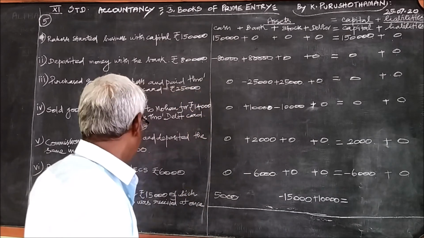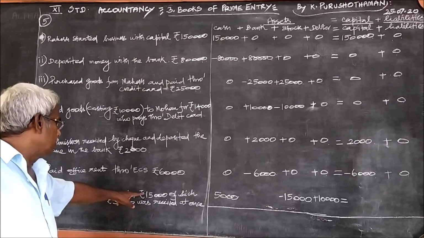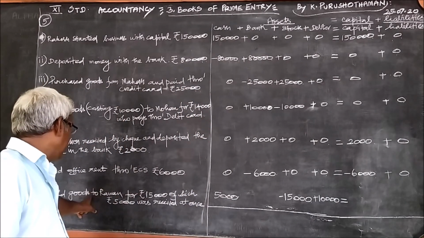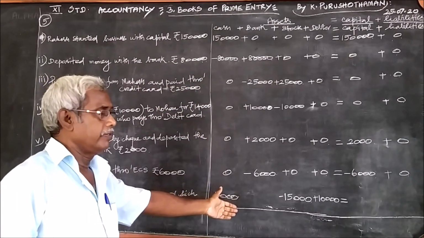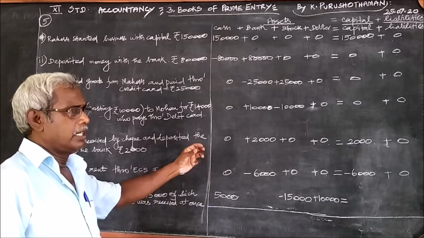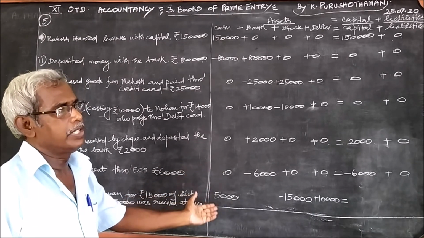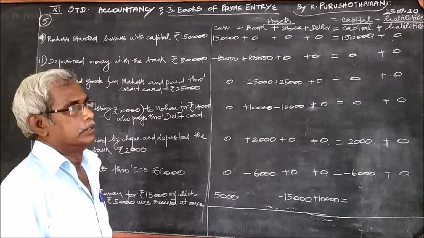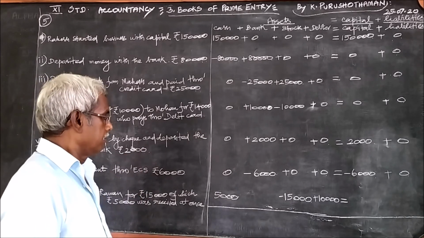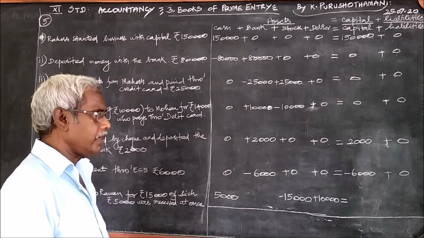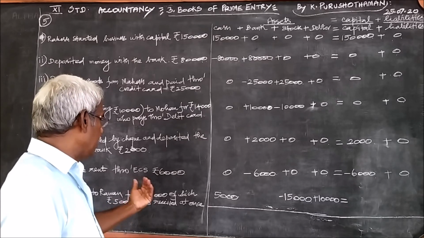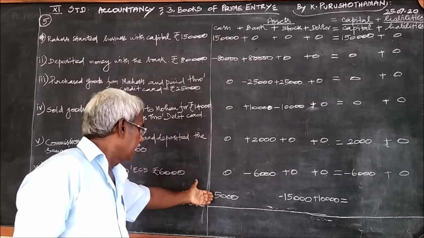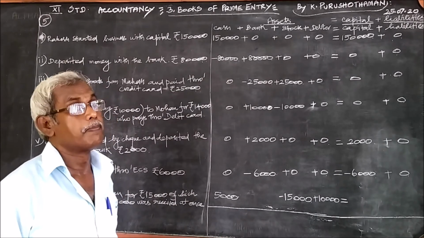Once again, I repeat it. 15,000 valued goods are sold away to Raman. So from the stock 15,000 will be reduced, because 15,000 worth of goods is sent to Raman. Then minus 15,000. For that, Raman has paid only 5,000. So we receive the cash 5,000, we put it.